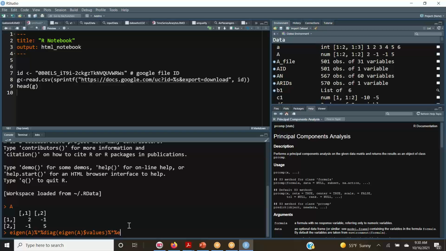Again, I have to do it here, it's not eigen; I had to put eigen dollar vectors, which is a matrix, right? And then I take the same thing, transpose, on the right side, right?